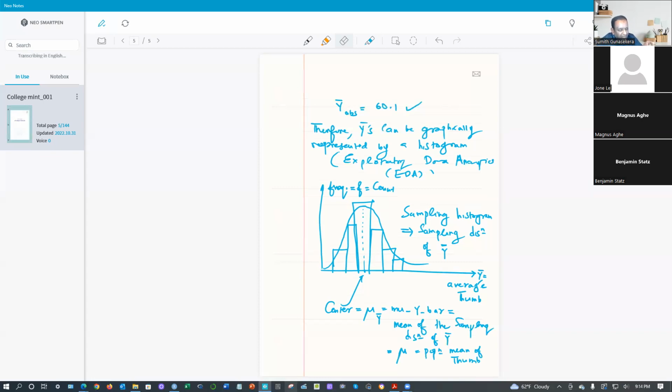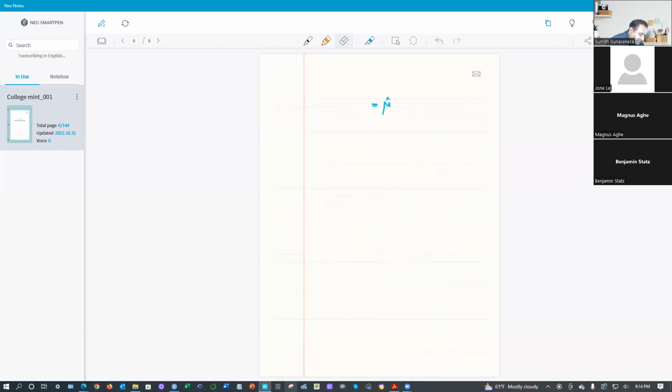The population mean of the sampling distribution of Y bar is the same as the population mean. Now, since the population mean is not available, I'm gonna replace it with its hat. Since mu is unknown, we can replace that. Mu hat is nothing but Y bar.